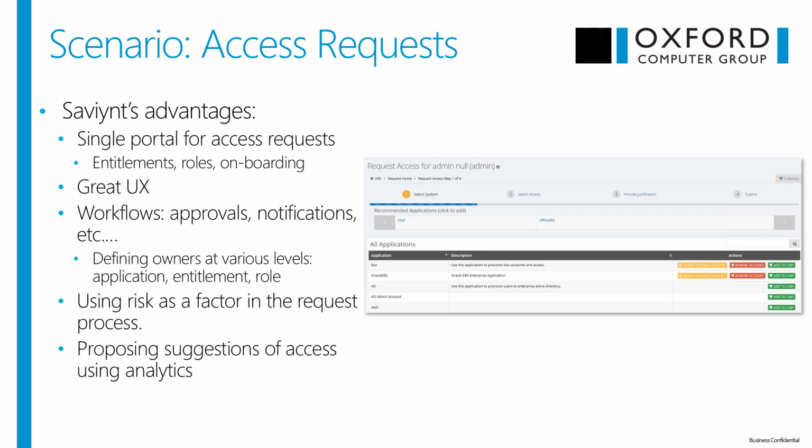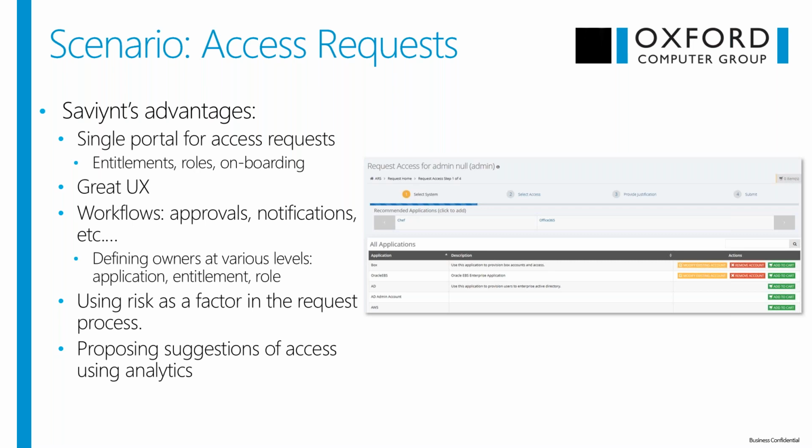The ultimate goal with Saviynt is to have that single portal where a user can go and request either an account or an entitlement that grants access into a system.